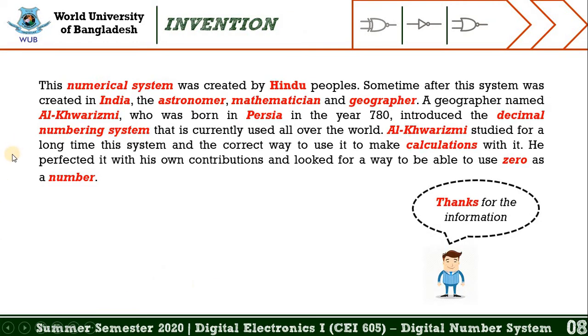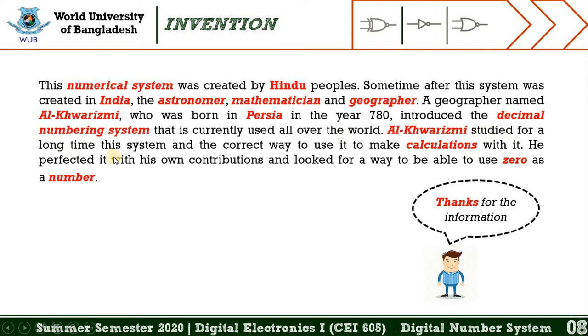From this slide we may learn the history of the invention of the decimal system, or numerical system. So let's begin. This numerical system was created by Hindu peoples. Some time after this system was created in India, an astronomer, mathematician and geographer named Al-Khwarizmi, who was born in Persia in the year 780, introduced the decimal numbering system that is currently used all over the world.